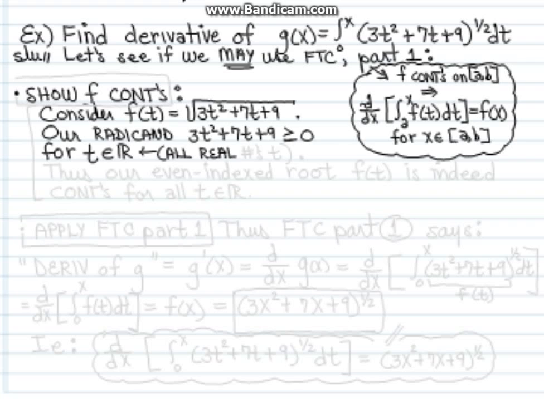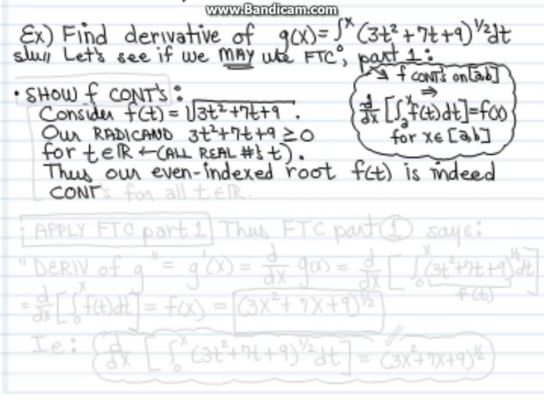So that means that it'll always be greater than or equal to 0 for all real numbers t. So we're never going to get a value under the radical sign that's negative. And if we had, that would be an area where it would be discontinuous. But it doesn't happen here, so our even index root f of t is indeed a continuous function. It's continuous for all real numbers t, so indeed it's going to be continuous for any interval of x.